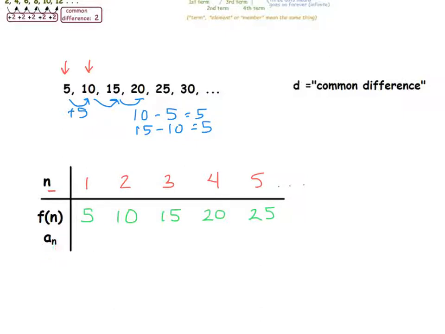So if we were looking for the fourth term, it would be written a sub 4. That would stand for the fourth term. Something like a sub 2 would mean the second term. So we're going to start using this notation so that you become more familiar with it.